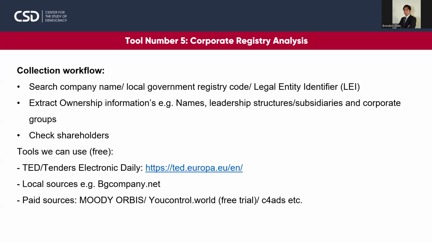These sources are normally included in local registries and commercial databases. Unfortunately, they're more often than not not free, but they're essential for mapping networks of influence. Some examples include Moody's, Orbis, ucontrol.world, and C4ADS. But there are also local sources like these, and some of them are free.